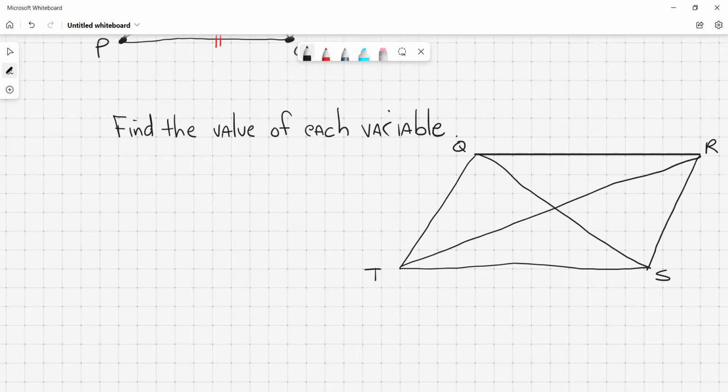And we're going to call this point of intersection in the middle here point P. Q to T is 5x. RS is 27. P to R is y plus 4. T to P is 2y minus 5.